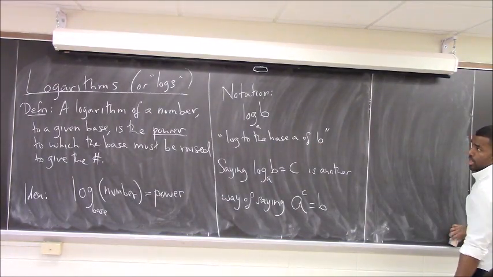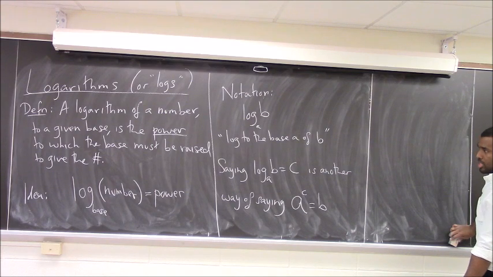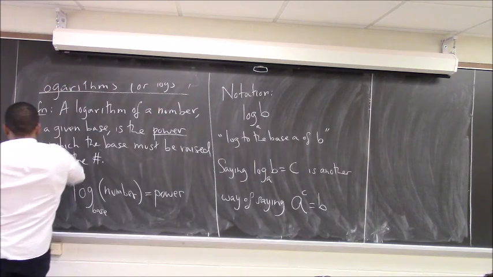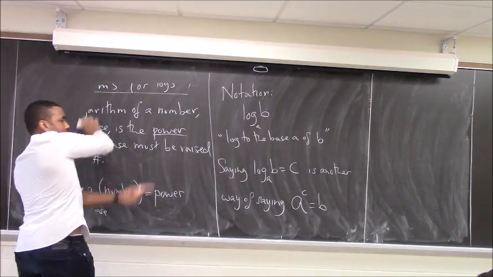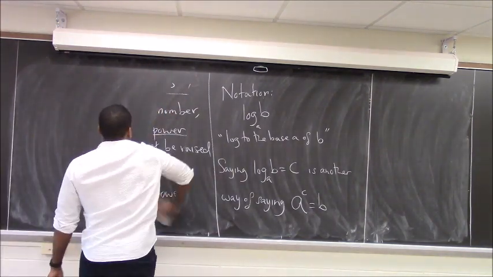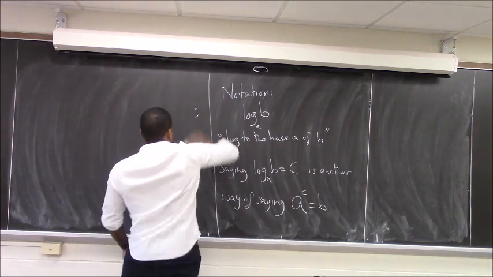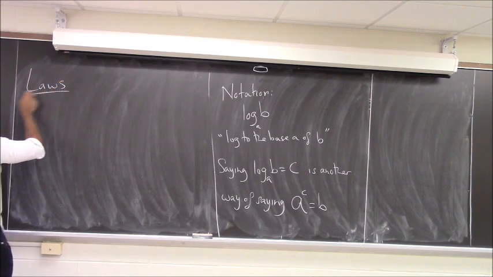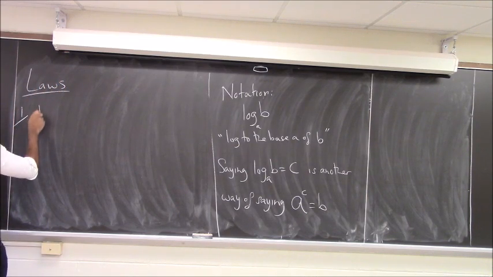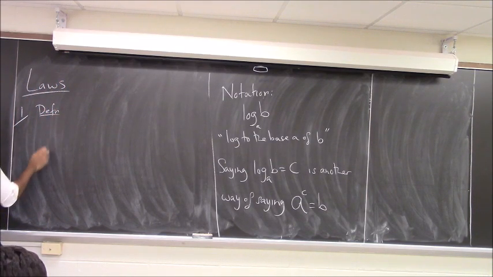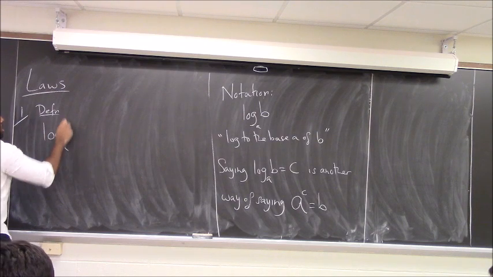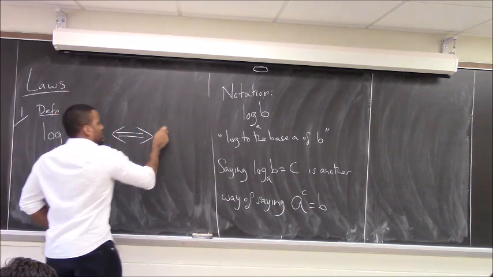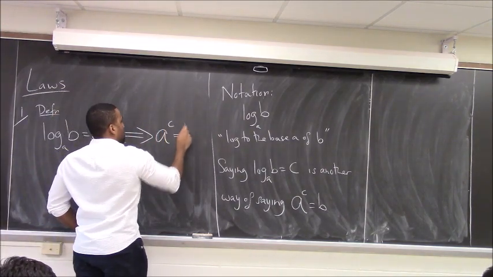In fact, the logarithms have rules just like the exponentials. Exponents have them. And in fact, the first rule that I want you to memorize is in fact this definition. The fact that this equation means that is something that you should know. So let's talk about the laws of logarithms. First one is basically the definition. Log to the base a of b equals c means that a raised to the c equals b.